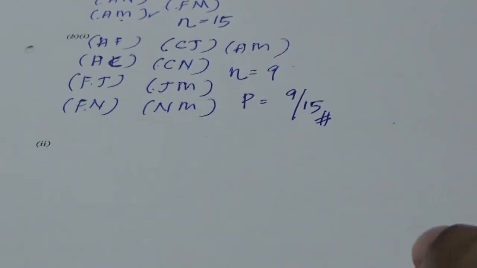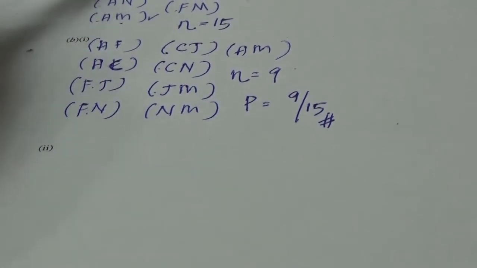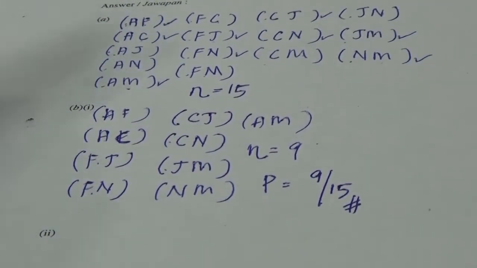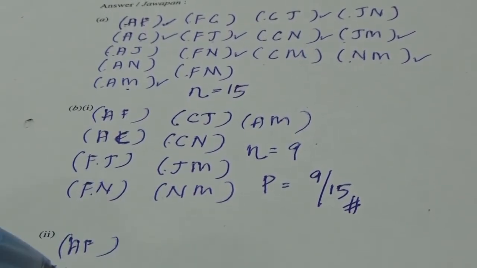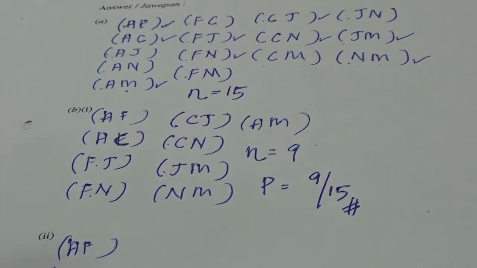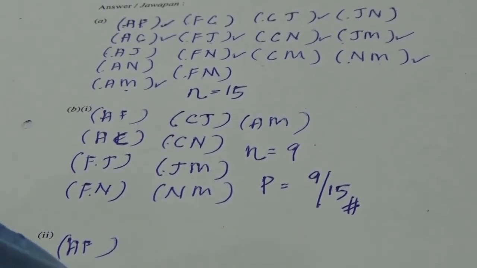Let's look at part 2 now. Again, they say both members must be from the same society, meaning let's look at Red Crescent Society. Red Crescent Society will be Aiman and Fatin, Aiman and Cindy, then Fatin and Cindy.